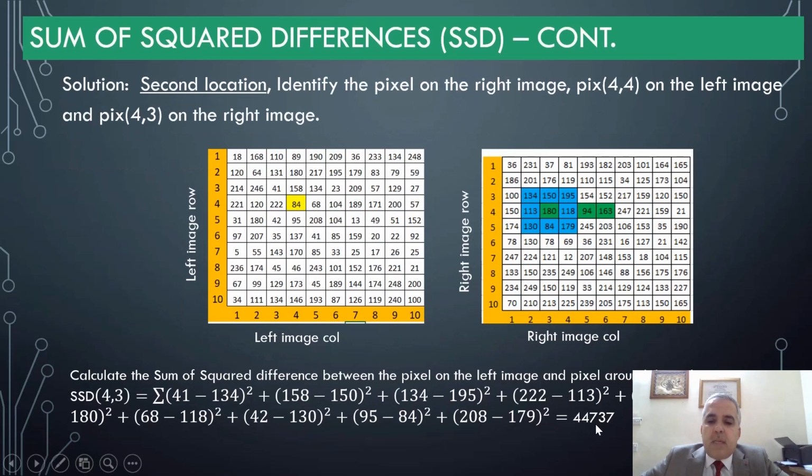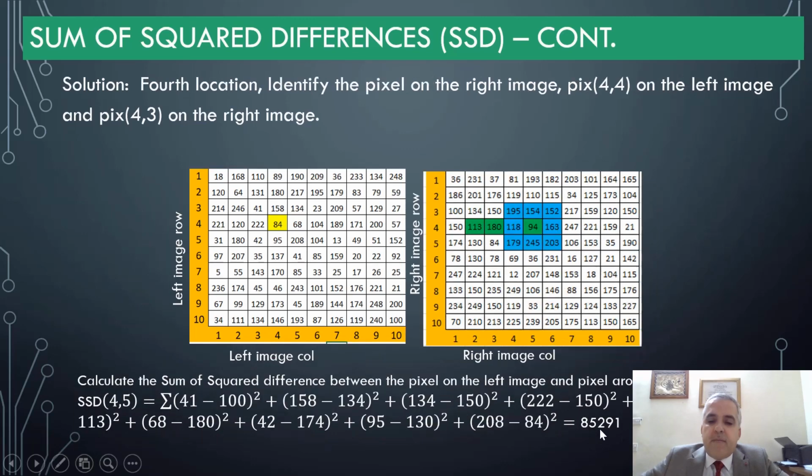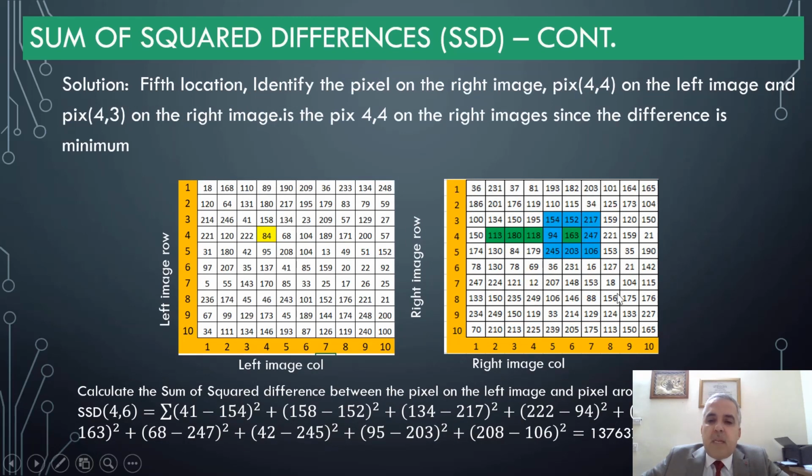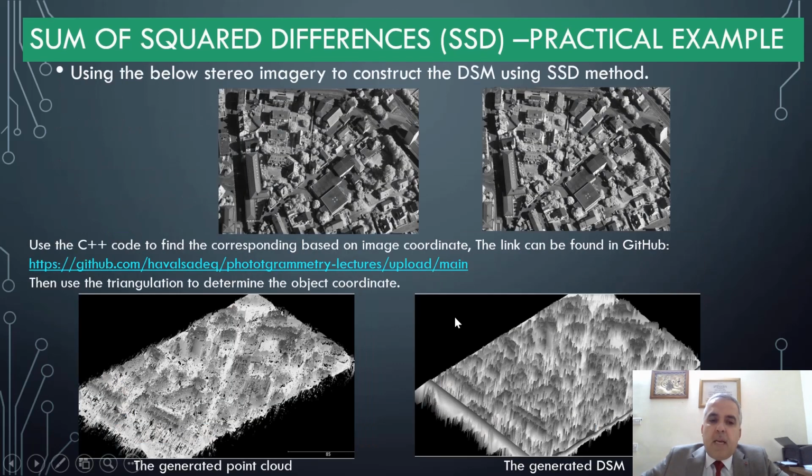Then we will get 44,737, then 27,435. For the other pixel, we will get 85,291, and for the last pixel, we will get 137,637, which means this one, 27,435, is the smallest. The summary tells us that this one gives the minimum energy, which means the corresponding point is located on pixel 4.